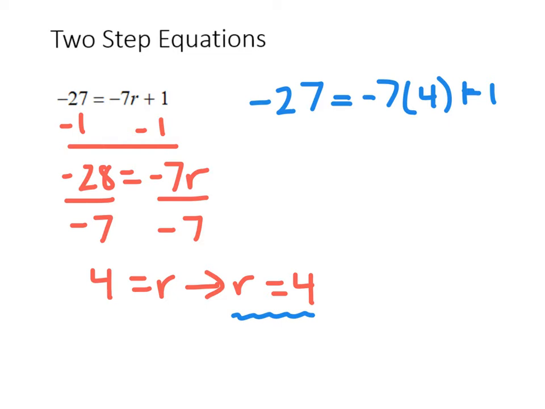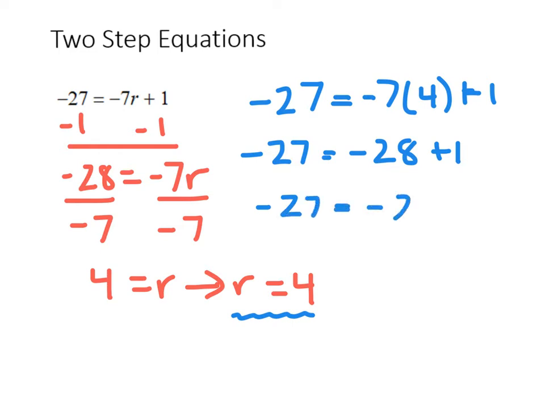Now I'm going to simplify the right side of this expression to see that it's going to equal negative 27. So if I simplify, it becomes negative 27 equals negative 28 plus 1. And if I continue to simplify, I get negative 27 equals negative 27. Since these two sides are equal, I know that r equals 4 is the right answer.